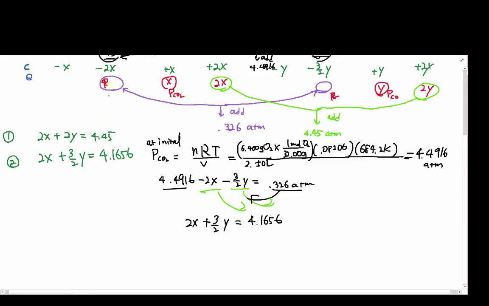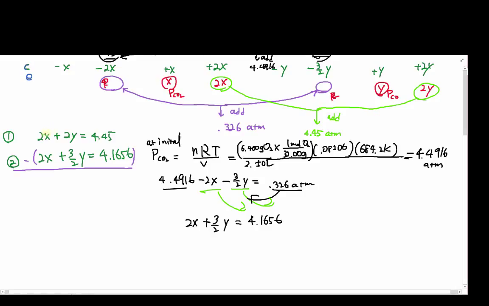Okay, so since we want to find x and y, this is very doable. I'd say the simplest method is to use elimination that you learned in algebra 2.